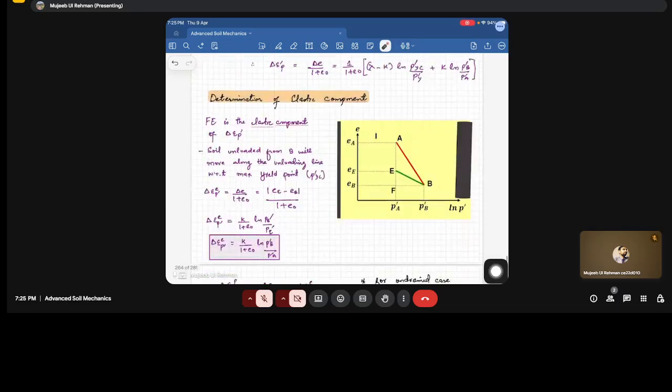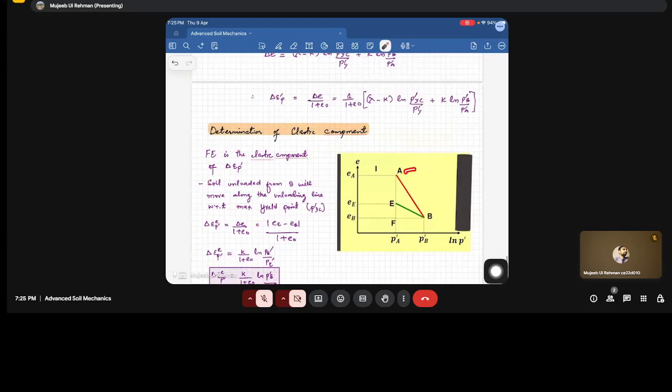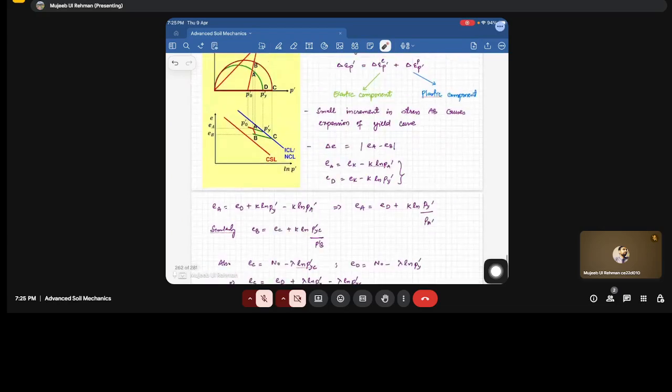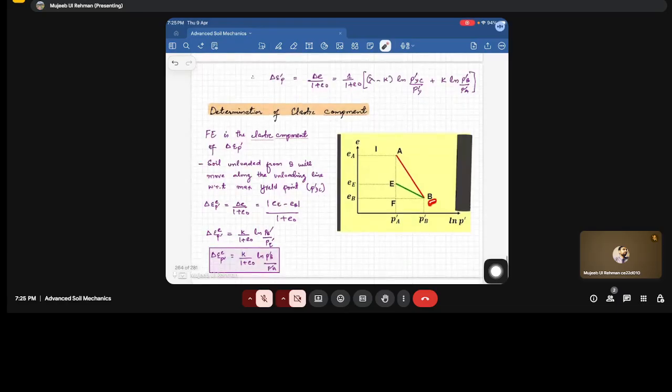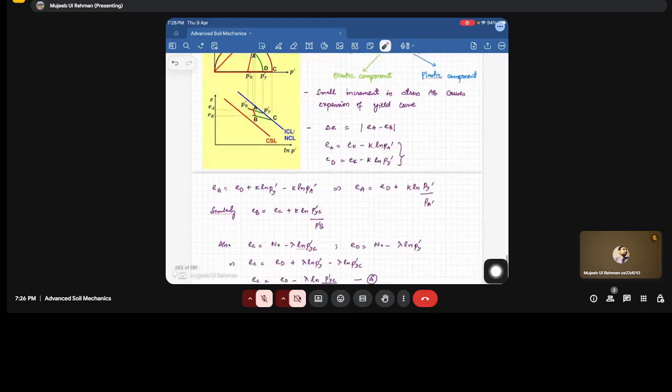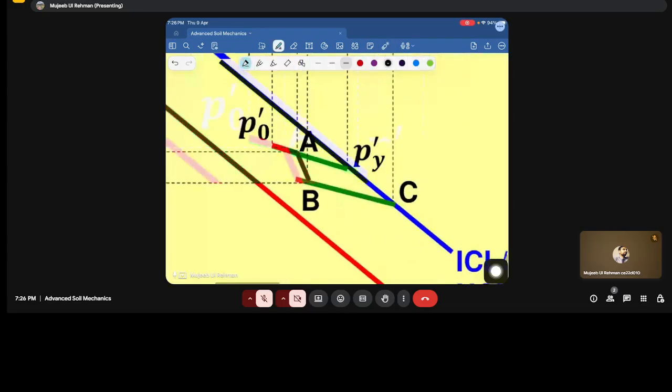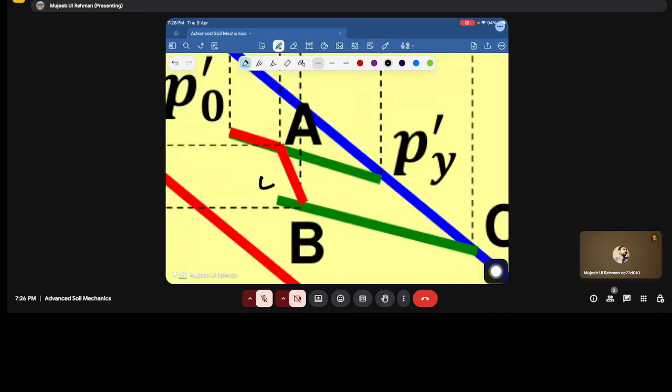So A, B', A is here, correct, and B is here, and this point E lies here somewhere. The unloading starts from here and stops here. It's unloading and then reloading. If we have unloaded the sample up to E and then again loaded, this will be the elastic part.